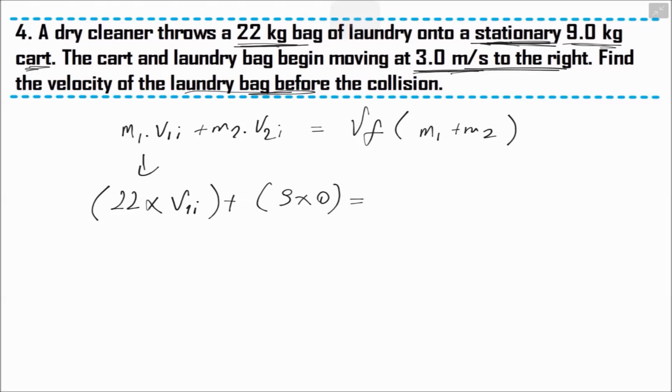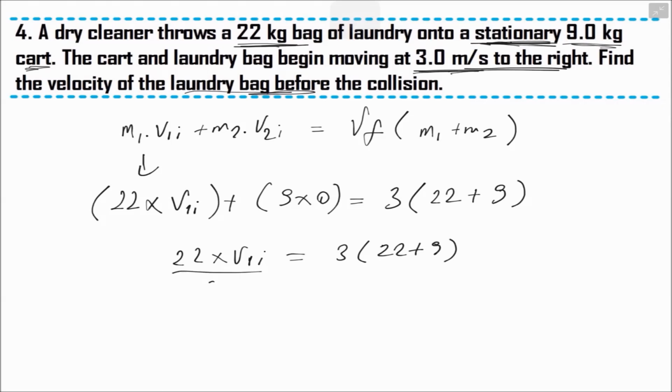Final velocity of them is 3 meter per second to the right, so it is 3 times m1, the 22, plus m2, the 9. So 22 times v1 initial equals 3 times 22 plus 9.